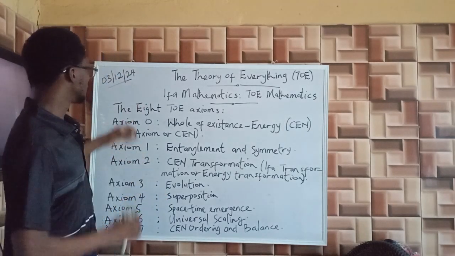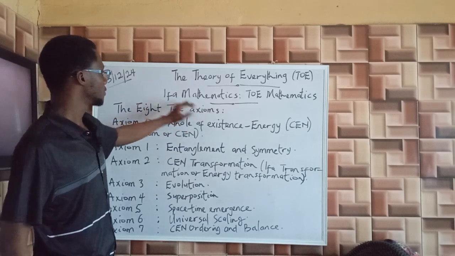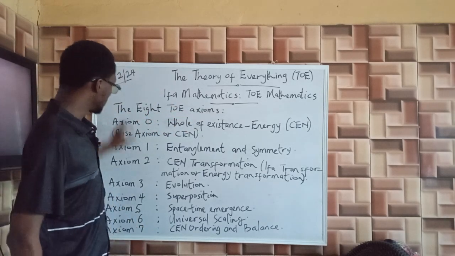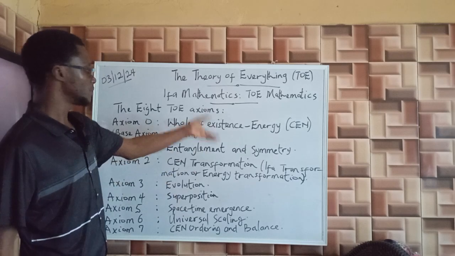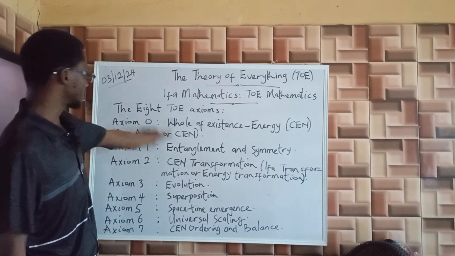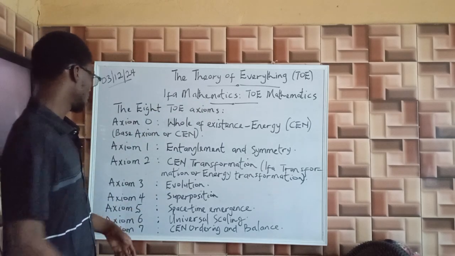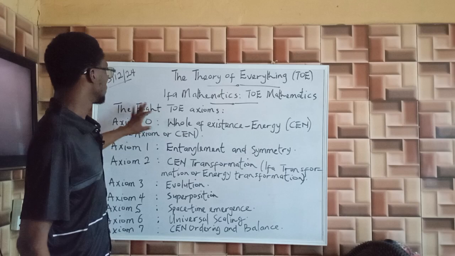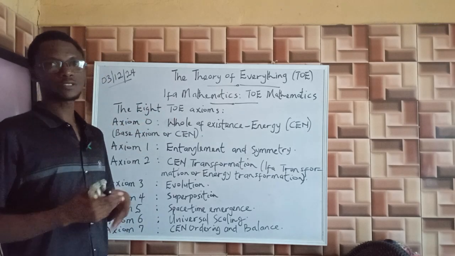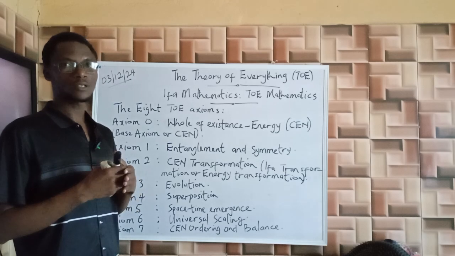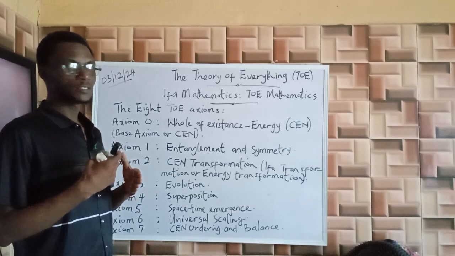So we have the 8 theory axioms. These are the 8 categories in the universe of axioms. Within this structure are all the axioms in philosophy, mathematics, computer science, physics, and all other fields and disciplines.